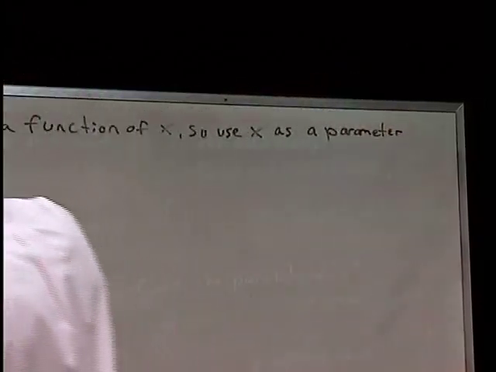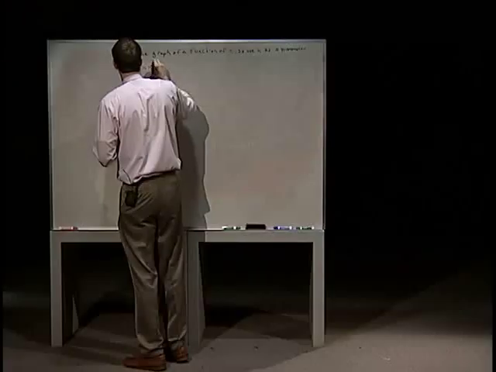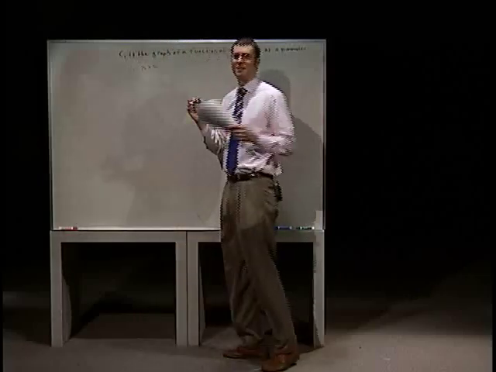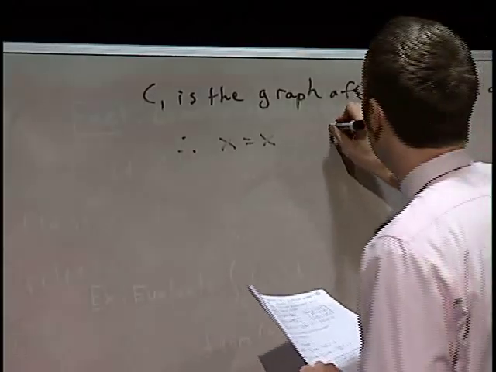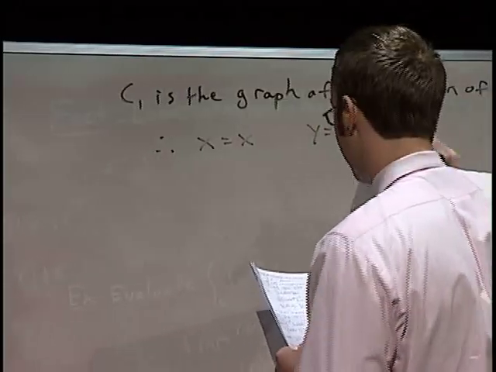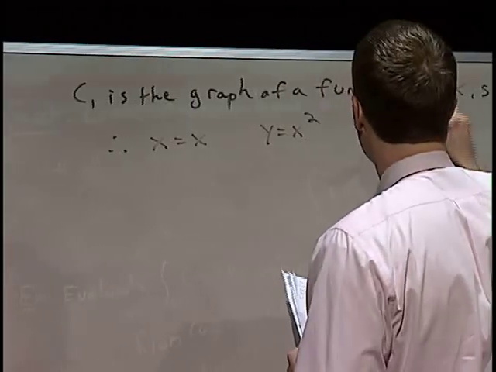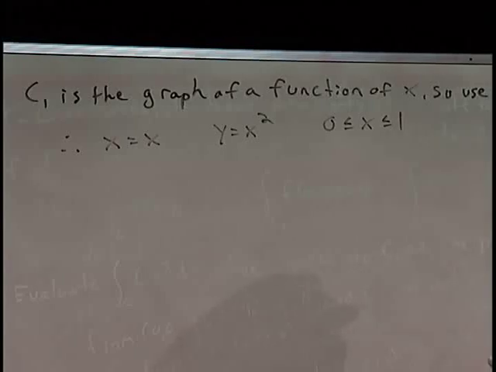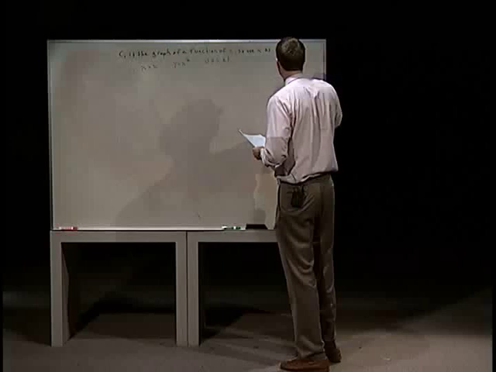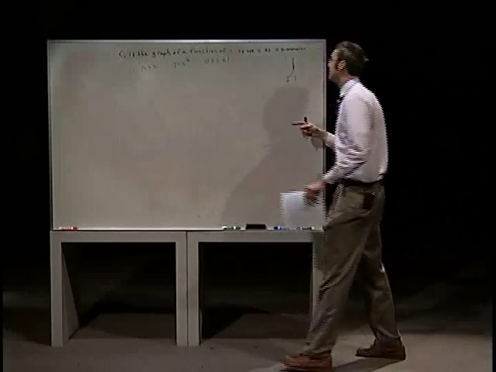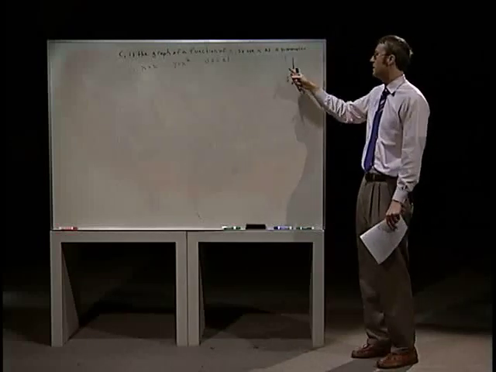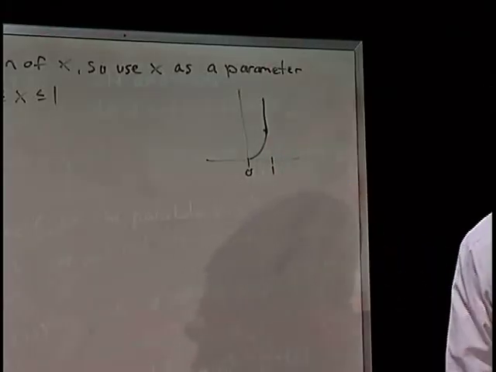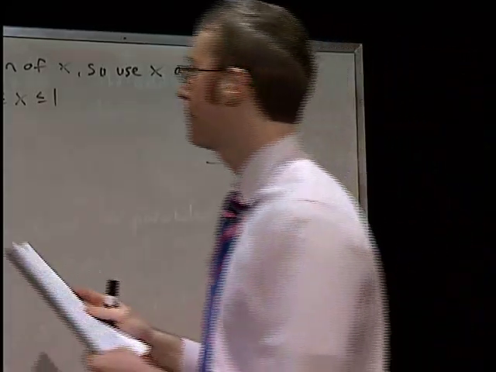So for that part of the curve, x is just x. X is varying, and y is dependent on x, so y equals x squared. And our x is ranging between 0 and 1. I'll draw it again over here. There's the curve, there's the vertical line, there's 0, there's 1. So x is varying between 0 and 1. Y is changing according to x.